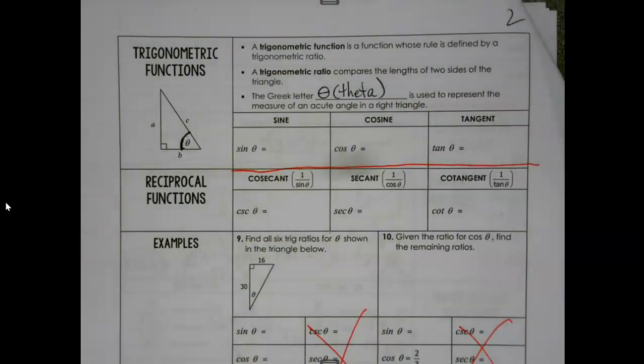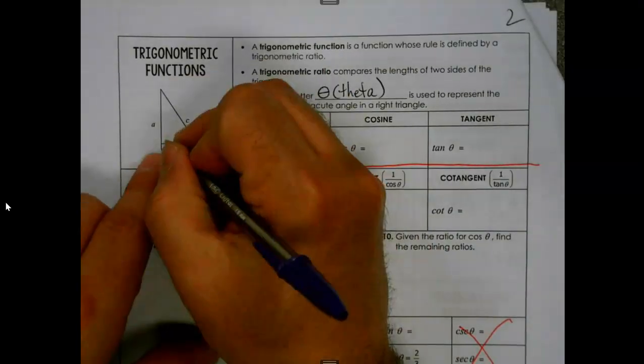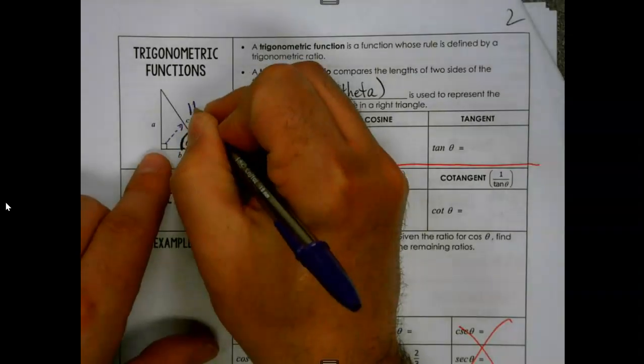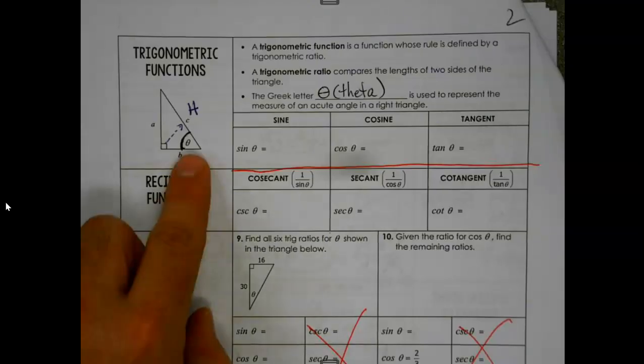So when we do that, you have your 3 sides at that point. The easiest one to always remember is your hypotenuse, because that's always the longest side, the side opposite of your right angle, no matter what other angles you're looking at. The other 2, though, are going to depend on where this angle is.